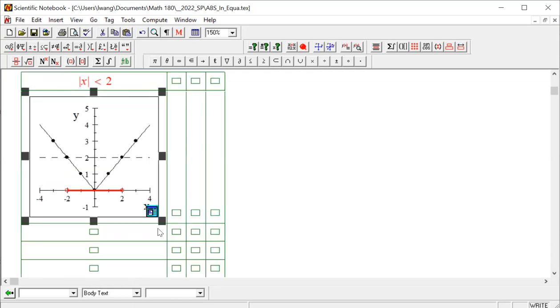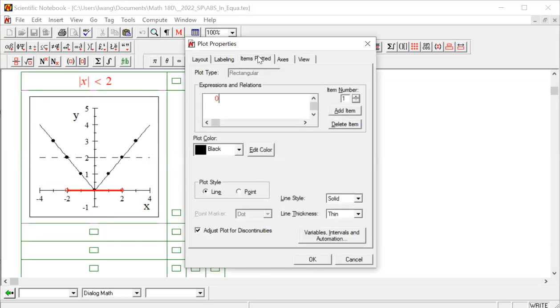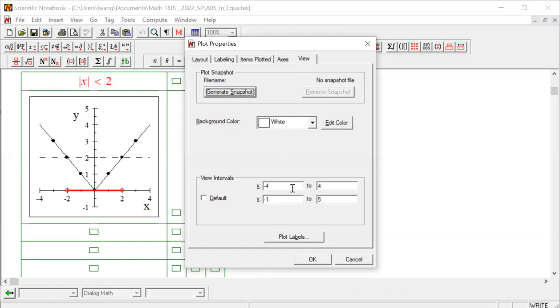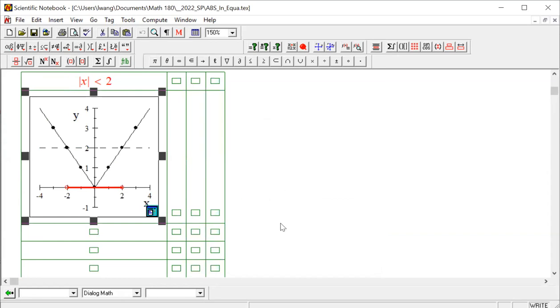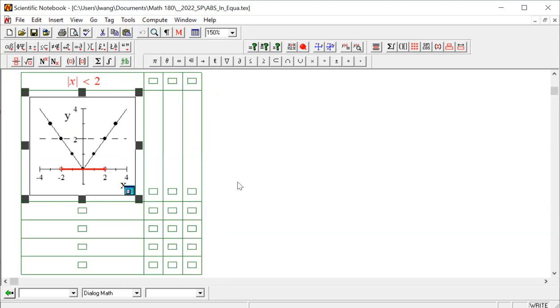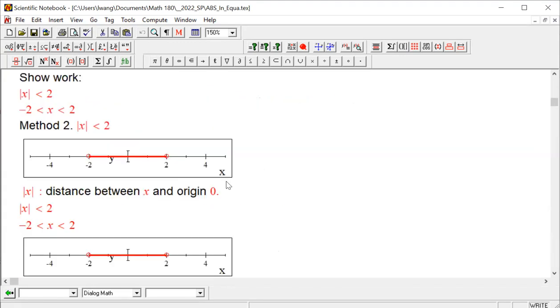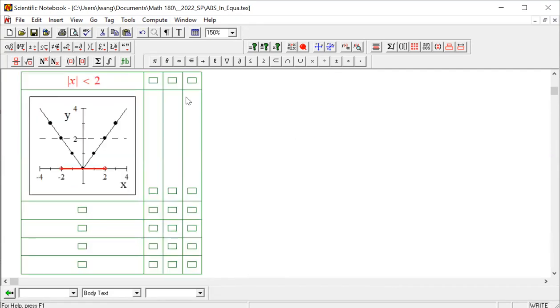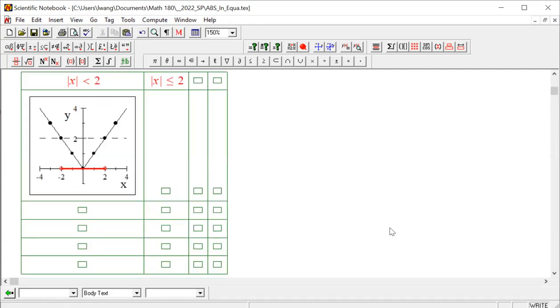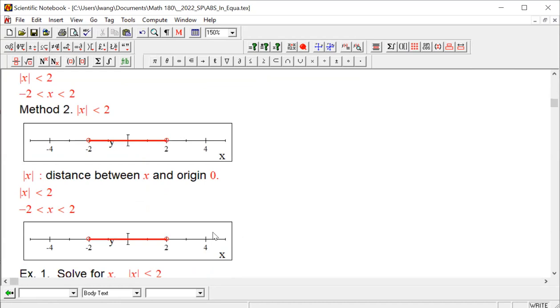And the next case, I'm just going to make a little adjustment with the picture so it looks better. So this is less than 2. And we also did a less than or equal to 2, didn't we? So we did both perspectives.